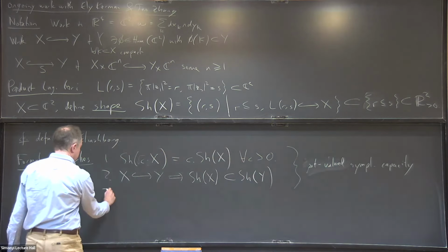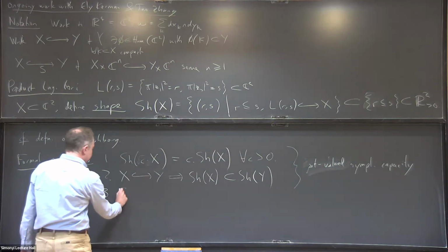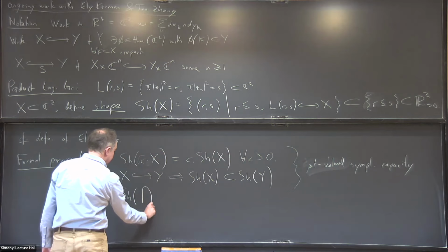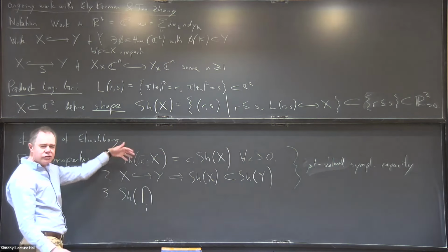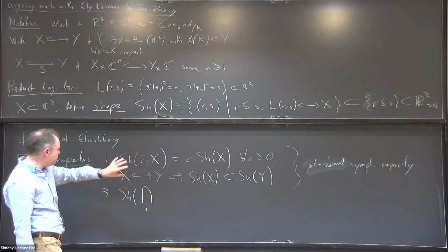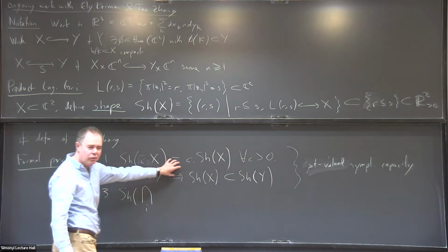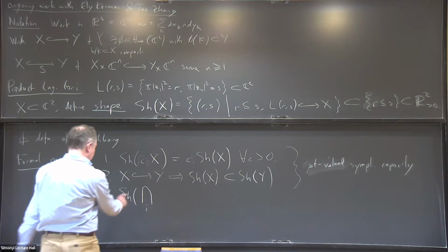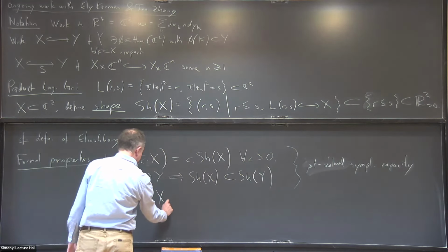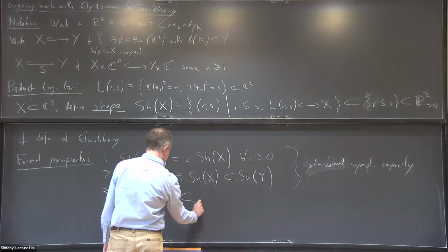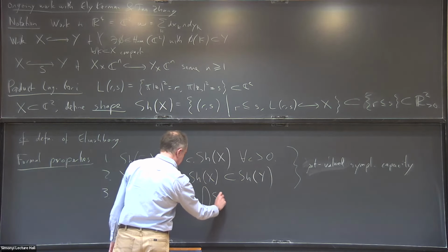Right, so what else? If you take the shape of an intersection, so this is all almost nothing to prove, right? So if there's a Hamiltonian diffeomorphism taking a Lagrangian into X, you just compose, get it into Y. Right, so the shape of an intersection is contained in the intersection of the shapes.